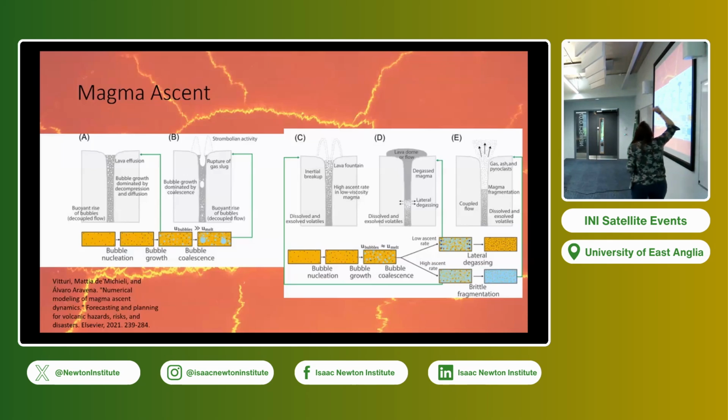So here you've got a much stickier magma. So you've got more crystals, it's colder, and potentially more exsolved gas as well. And in this case, it's actually a coupled ascent because it's so sticky that the bubbles can't get through.